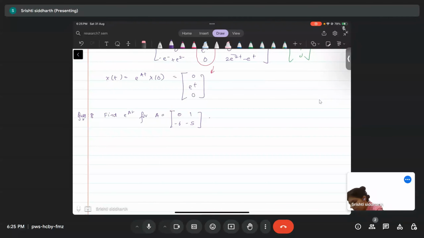So let's see the eigenvalues first. So A minus lambda I is minus lambda, 1, minus 6 and minus 5 minus lambda. This becomes lambda squared plus 5 lambda plus 6 equals 0. So the characteristic polynomial is lambda squared plus 5 lambda plus 6. So according to the Cayley-Hamilton theorem, we have A squared plus 5A plus 6I equals 0.